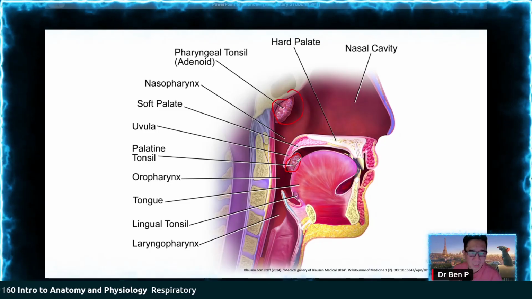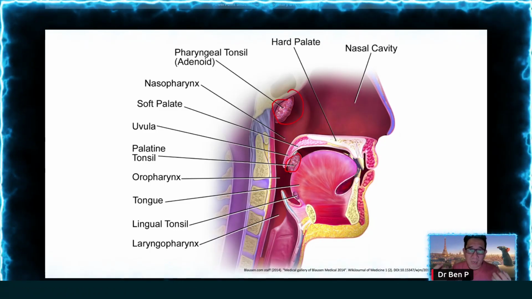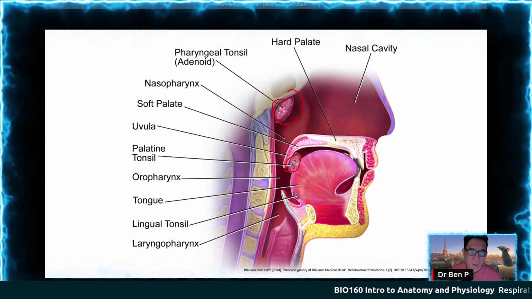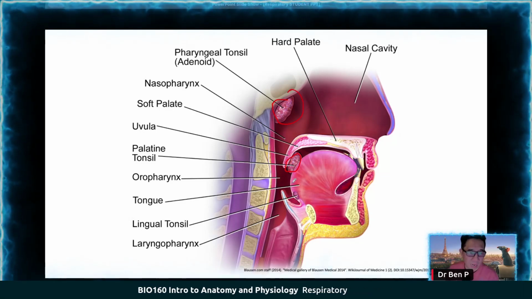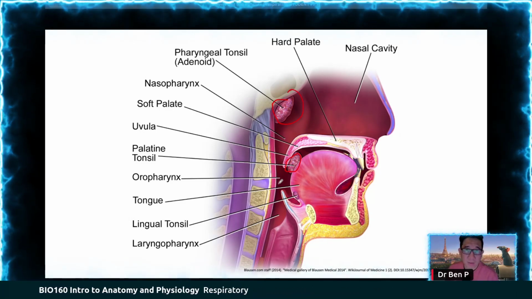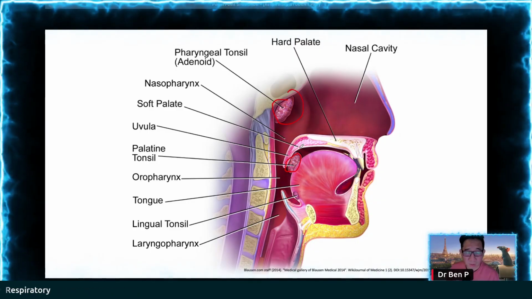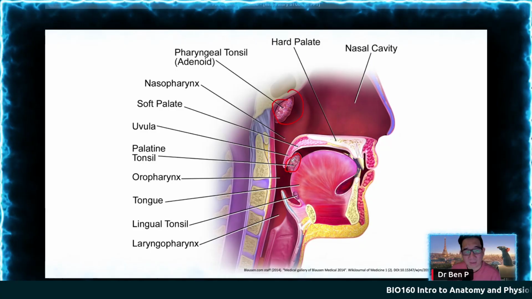Okay, and this is the one that we remove. A lot of the time, you only remove it when it becomes really enlarged and blocks your airway, or blocks your mouth as food is going down. This is actually a tonsil, which means this is where a lot of your lymphatic system lives.